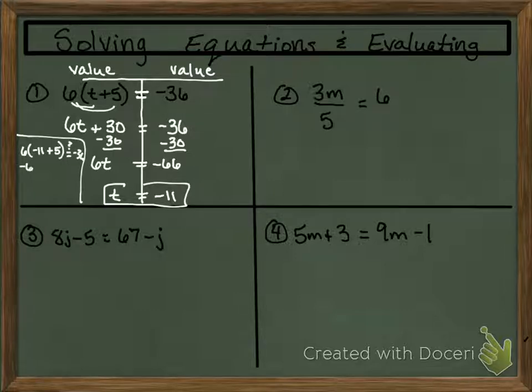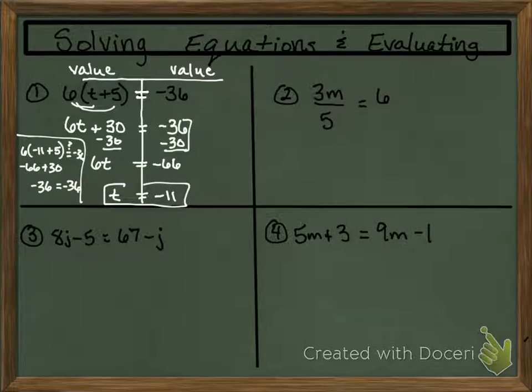Well, that's 6 times negative 11, which is negative 66, plus 30. It's kind of counterintuitive because that's in our problem over here, but we have negative 36 equals negative 36. Okay, so let's move on to the second example.